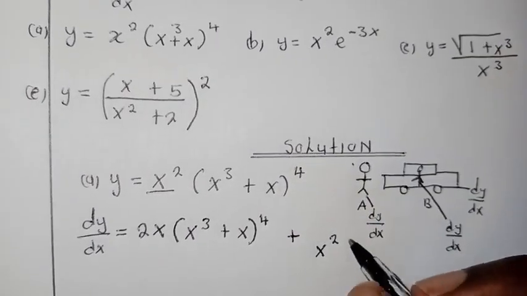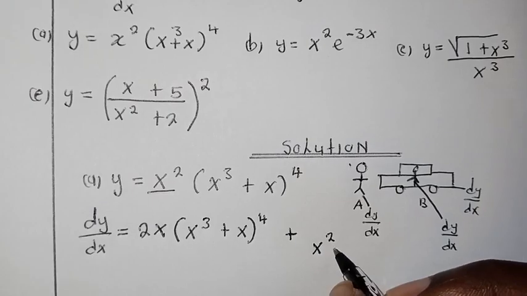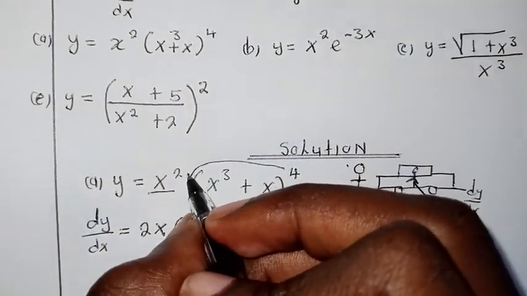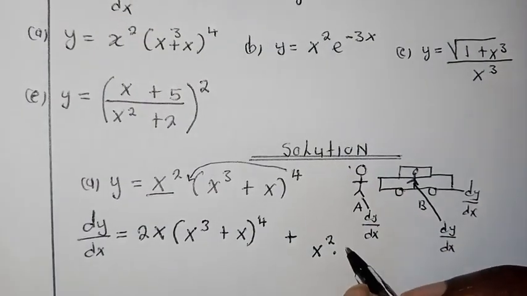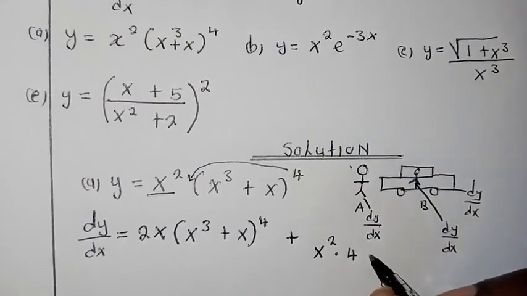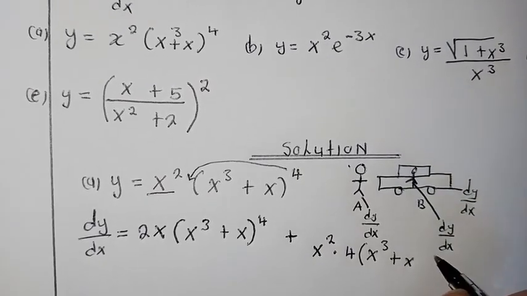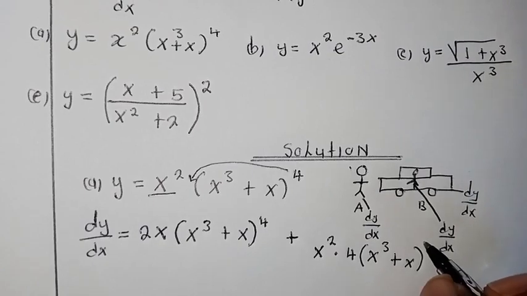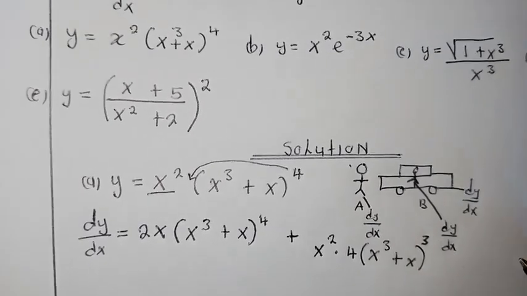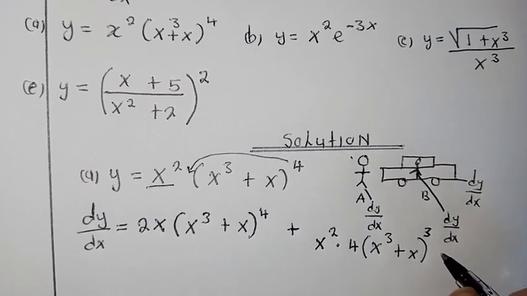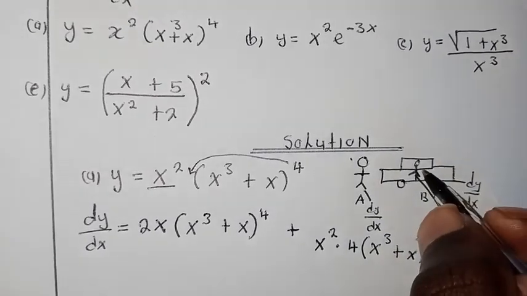So in this case, the 4 will come to the front. So of course we're going to have 4, open bracket, then x to the power 3 plus x, then everything to the power 3 because we're subtracting by 1. Then from there, we now deal with the guy inside.